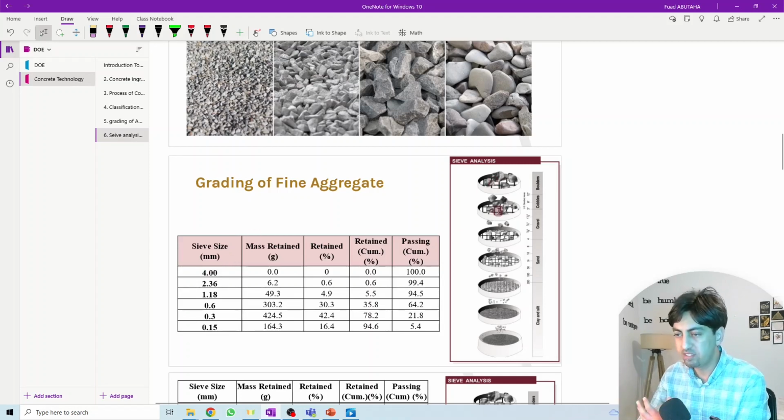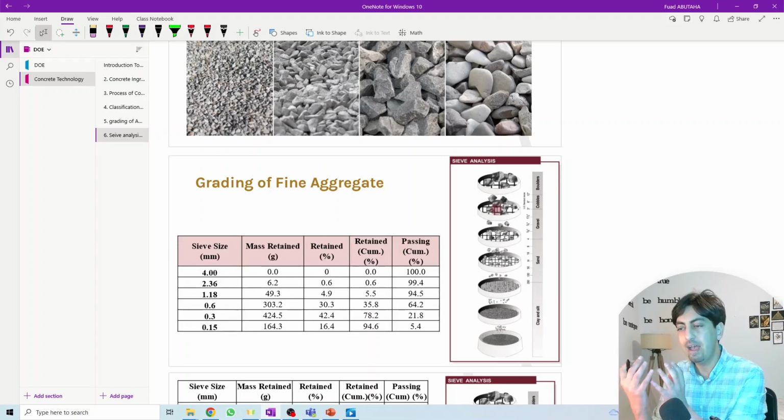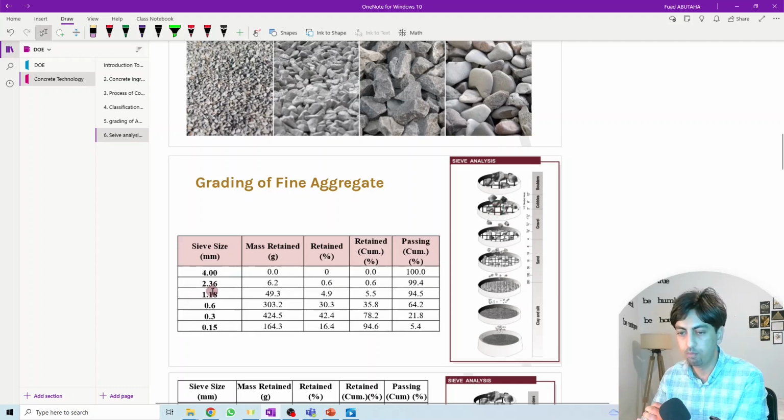The same goes for the smaller one here, 2.36 millimeter. The particles larger than 2.36 millimeter will be retained at the top, and the fine aggregate with a particle size lower than 2.36 will pass this sieve and go to the following sieve that has a lower diameter.